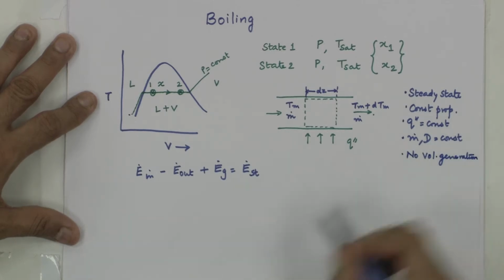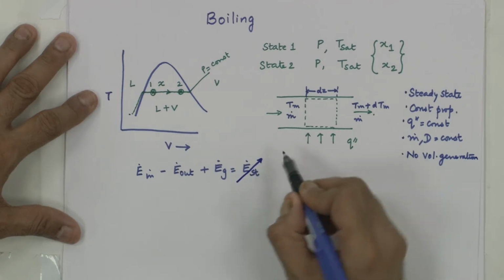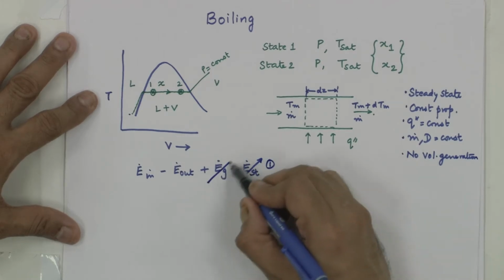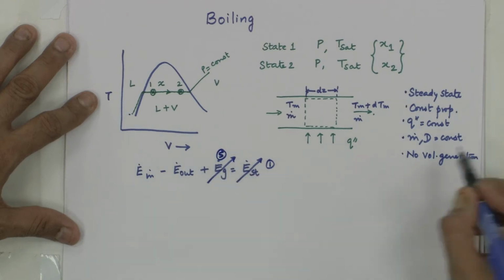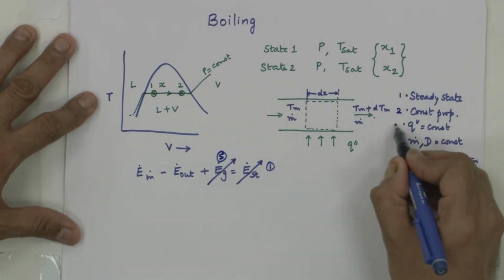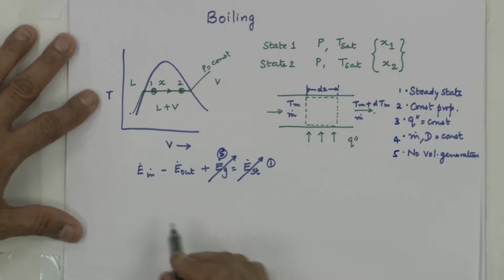And if I use these assumptions and simplify the energy balance equation, because of steady state this is going to drop off. There is no volumetric heat generation, so this is going to drop off. This is because of assumptions 1, 2, 3, 4 and 5, and E dot in is equal to E dot out.